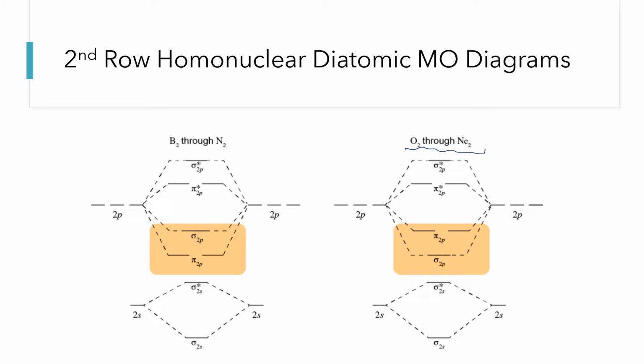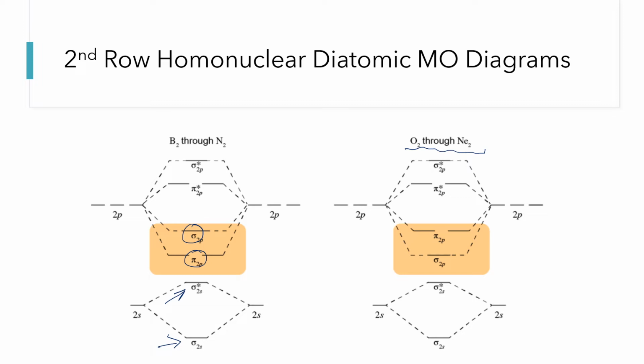You can see the bottom part of this looks very much like the first row energy level diagram. We take the s orbitals and hybridize them and we get the sigma and the sigma star orbitals. When we hybridize the p's, we're going to get both sigma and pi orbitals.